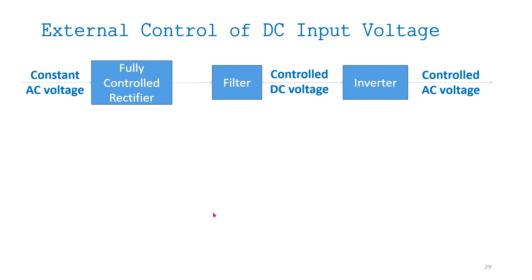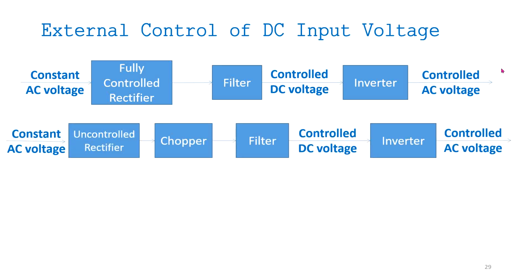You feed a constant AC voltage to a fully controlled rectifier, and the rectifier converts it into DC, then you apply a filter, and you will have a controlled DC voltage. That means we are applying two additional circuits: a fully controlled rectifier and a filter to achieve the controlled DC voltage, which is then fed to the inverter. Of course, this is the additional circuit, and then you have a controlled AC voltage.